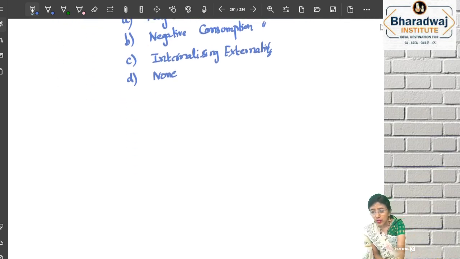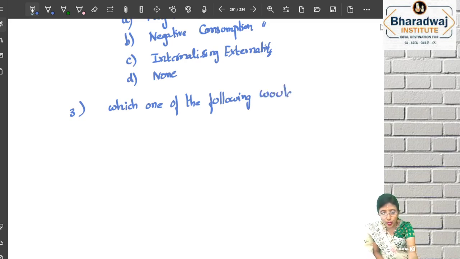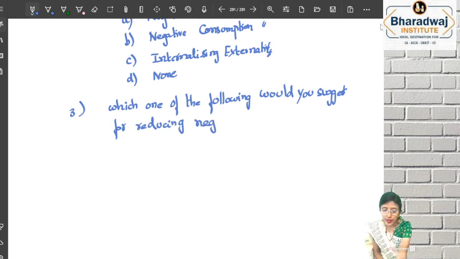Then third question. Which one of the following would you suggest for reducing negative externality?